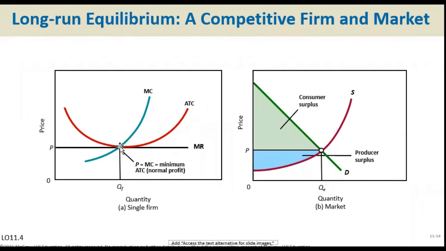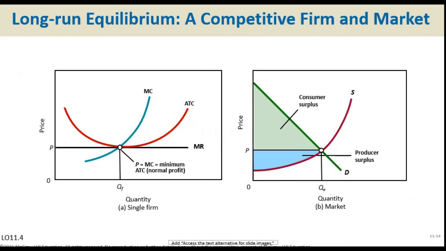Okay. So pure competition achieves both efficiencies in the long run, right? And this is very important because it indicates that firms are using the most efficient technology, right?